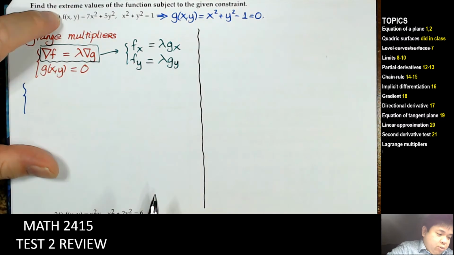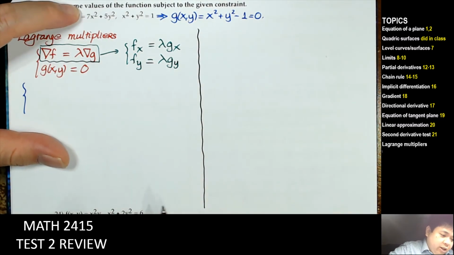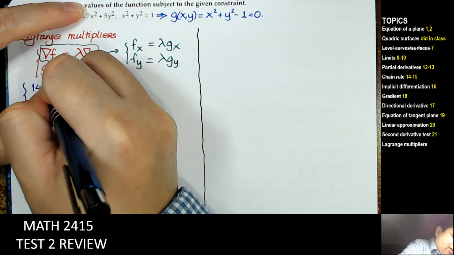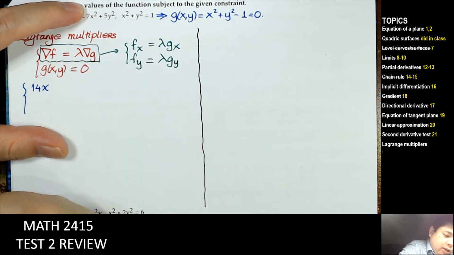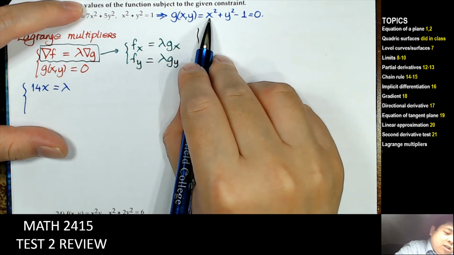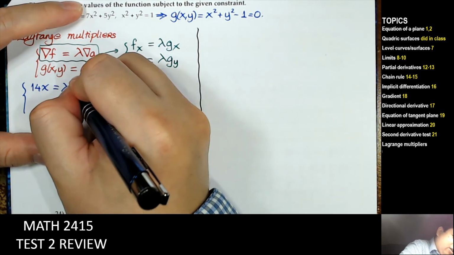So the derivative with respect to x of the function f is 14x, equal to lambda times the derivative of g with respect to x, which is 2x.